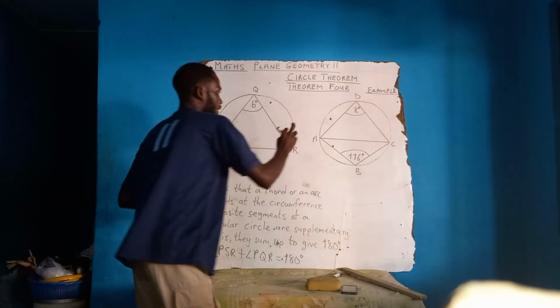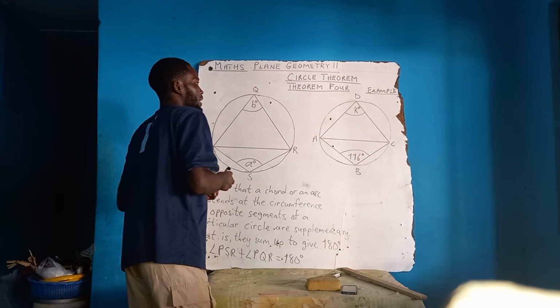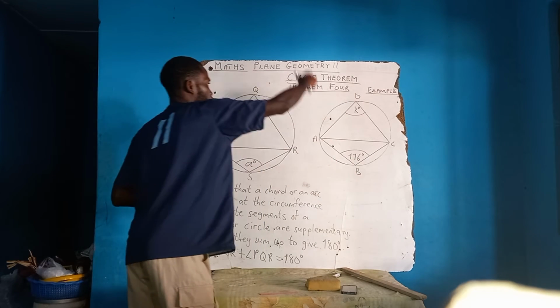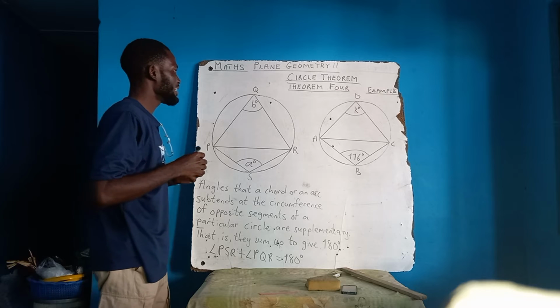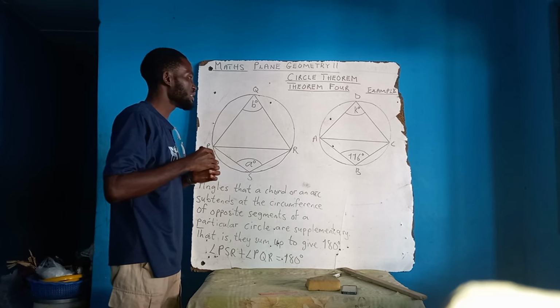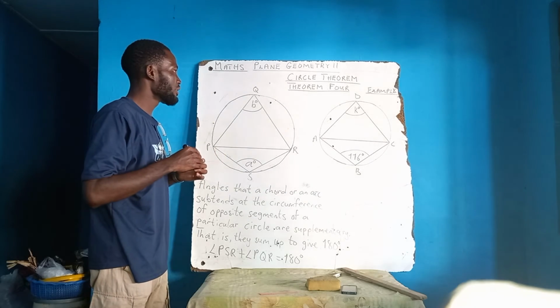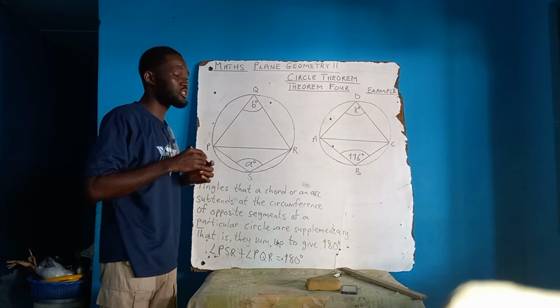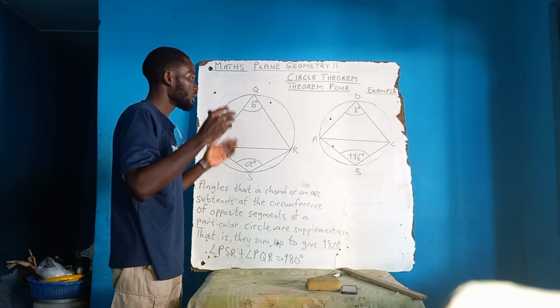So our chord AC possesses an angle at both the major segment ADC and the minor segment ABC, giving us angles at the opposite sides of the chord AC.